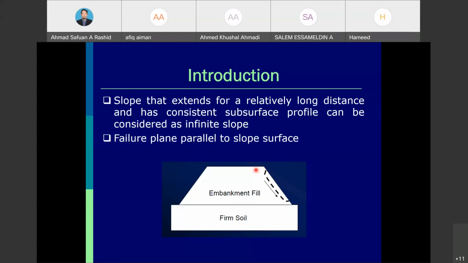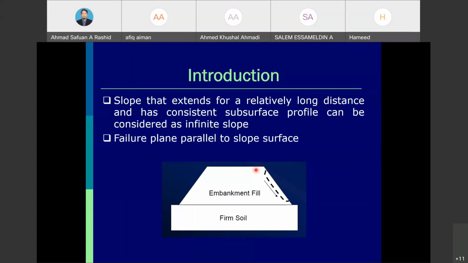we can imagine as natural slopes, where they don't have what we call a top and toe. Relatively, the surface length is greater than the height of the slope.